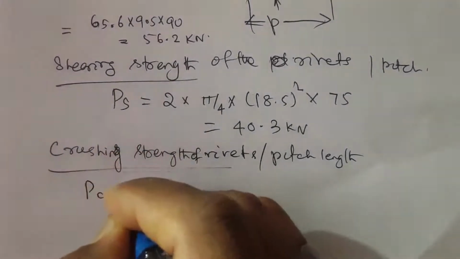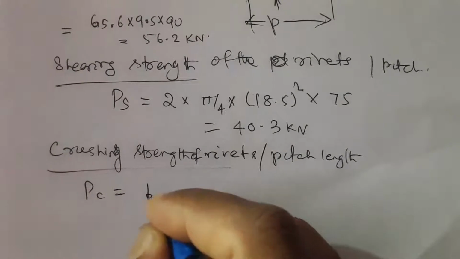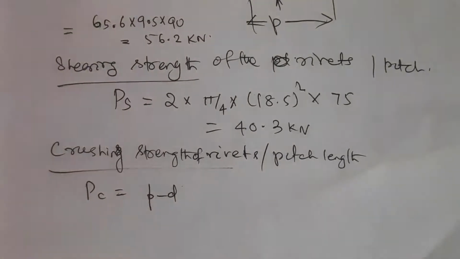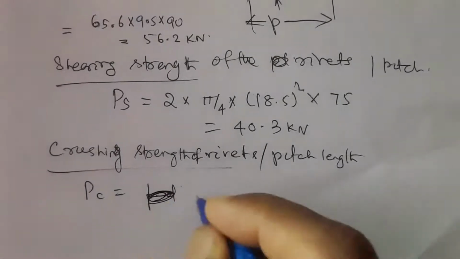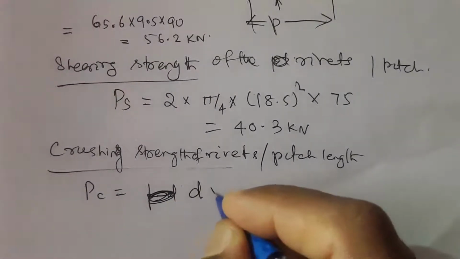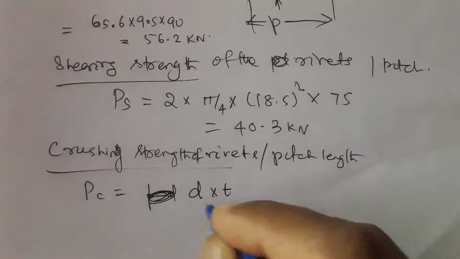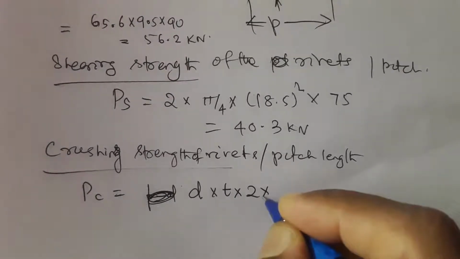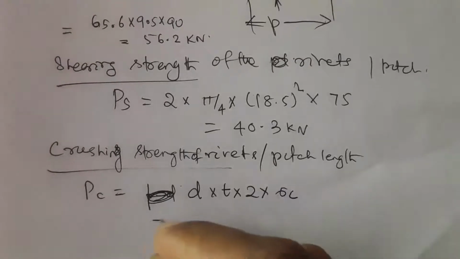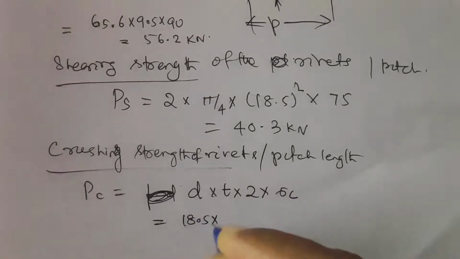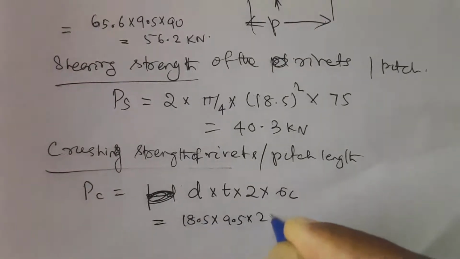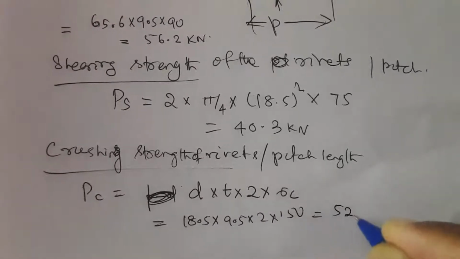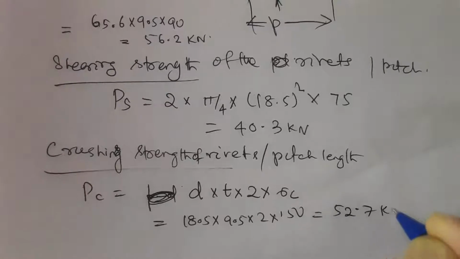So P crushing will be equal to P minus D. Crushing strength will be D into T per rivet, area per rivet. There are two rivets, and into sigma C. So D is 18.5, 9.5 into 2 into sigma C is in this case 150, and it is 52.7 kilonewton.